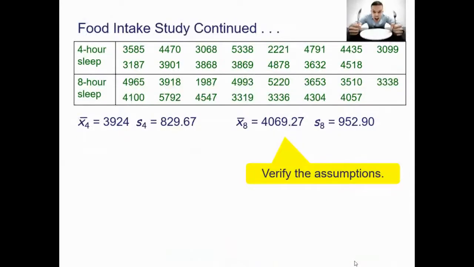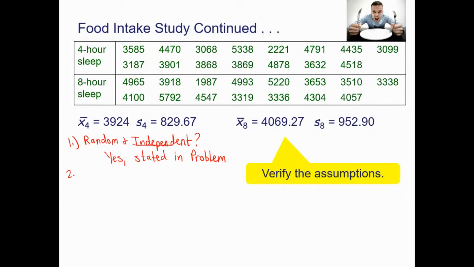Okay, so let's verify our assumptions. The first one: is it random and independent? Yes. As I was saying earlier, straight to the point, you could just say yes, stated in problem. You just verify that assumption.